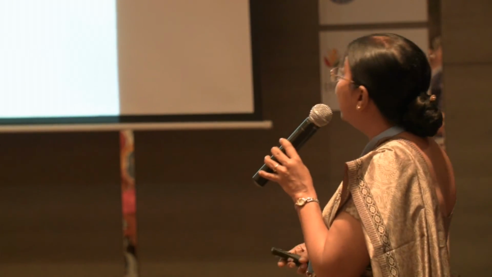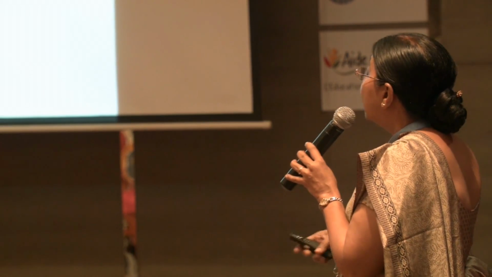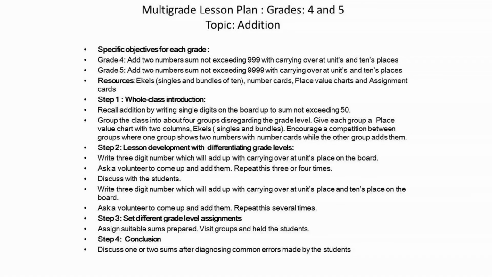So you conclude the work by giving the individual grade groups assignments and then supervising them while another grade group is working with their own assignments. So this is a large lesson plan. We can get into that later on when we have questions.